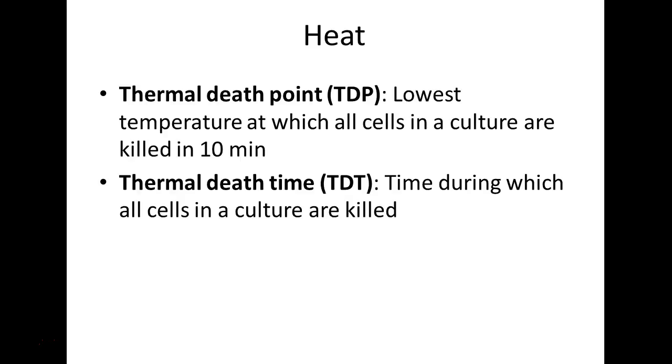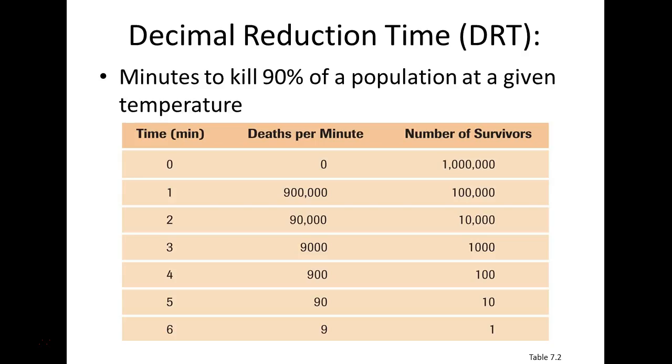If we treat with heat, there are some terms: the thermal death point is the lowest temperature at which all cells in a culture would die within 10 minutes. Thermal death time, the time during which all cells in a culture are killed, how long it takes for all of them to die. And then decimal reduction time, the minutes to kill 90% of a population at a given temperature.